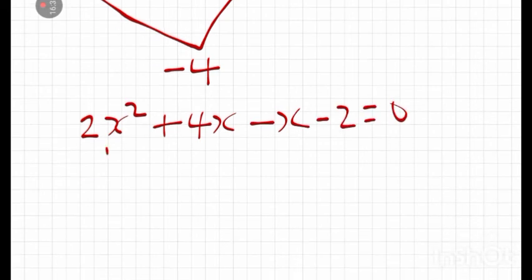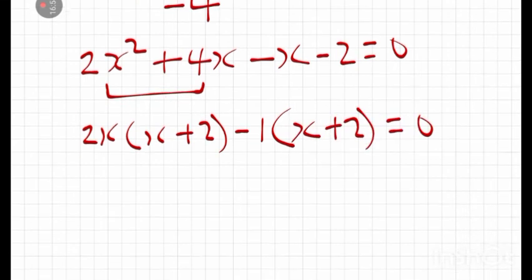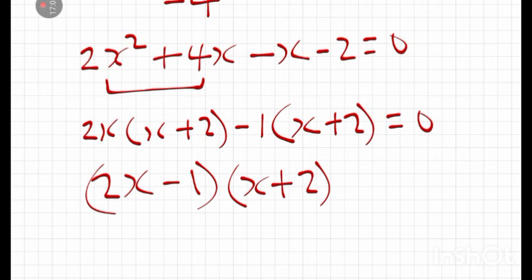So what is common between this and this? 2x is common. I have 2x into bracket x plus 2, then minus 1 into bracket x plus 2 is equal to 0. Therefore, 2x minus 1 into bracket x plus 2 is equal to 0.